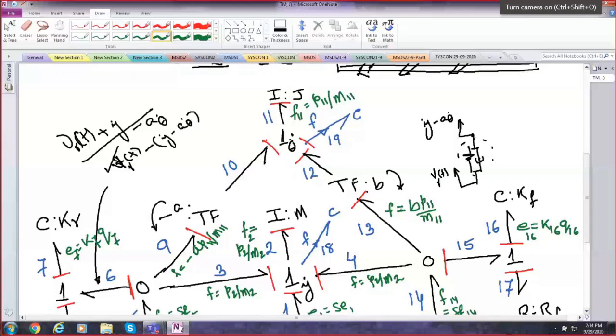The other side of the transformer, we multiply with the transformer modulus. So in bond number 13, we will have F is equal to B times P11 by M11. And in bond number 9, we will have F is equal to minus A times P11 by M11. So bond number 9 flow is known, bond number 13 flow is known.